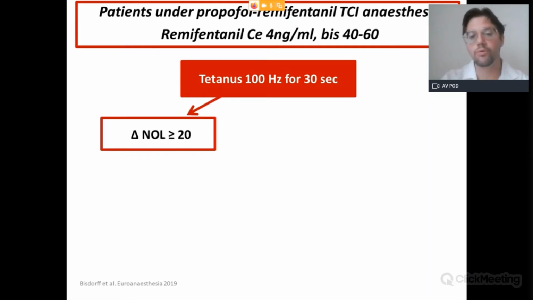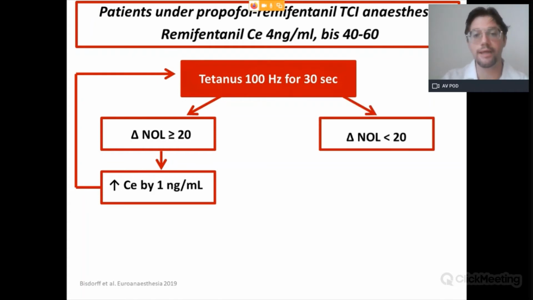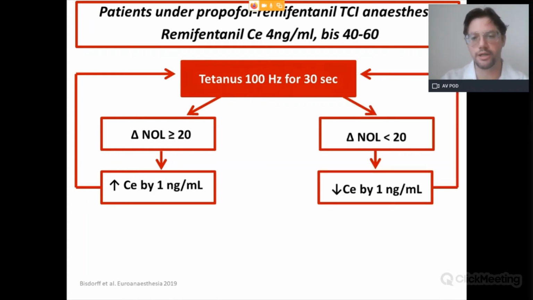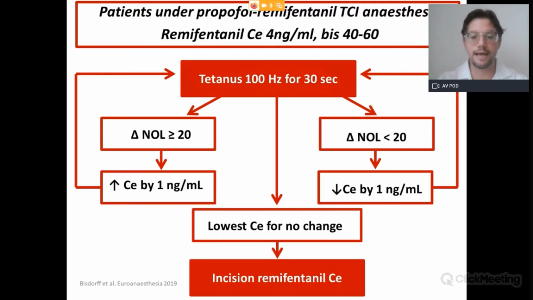If it was greater or equal to 20, they increased the effect site concentration and repeated the test. On the other hand, if it was less than 20, they decreased the effect site concentration and repeated it. Their goal was to find the lowest effect site concentration of remifentanil for minimal change in NOL index, less than 20, and they incised at that concentration.